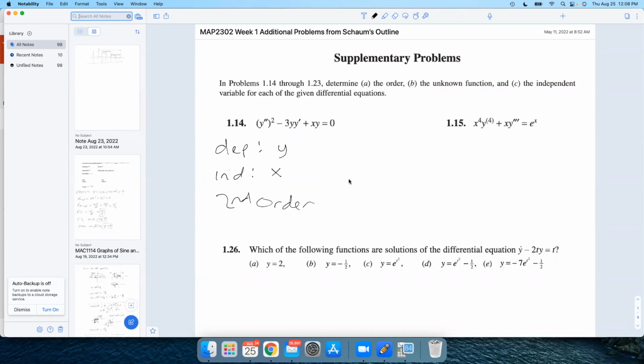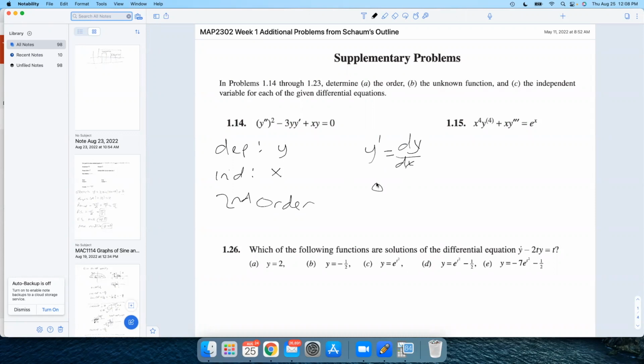Okay, now I do want to point out, you guys all made it through Calc 1. You know what y prime means. You've seen y prime. I don't like that notation, y prime. Prime notation is bad because it doesn't tell you explicitly what your variables are. A better way to write this out would be in Leibniz notation, dy dx.